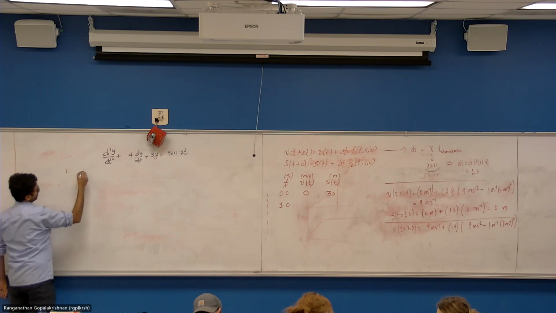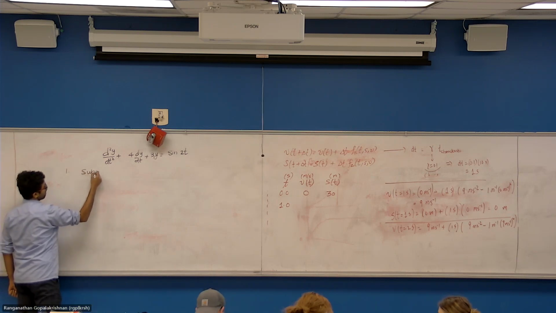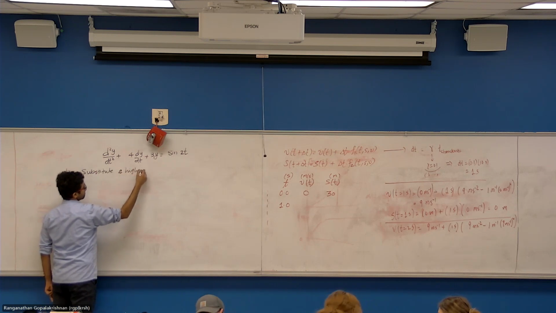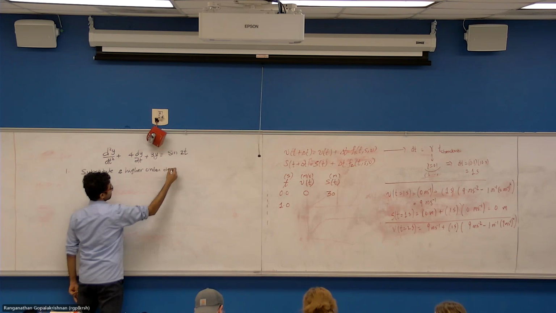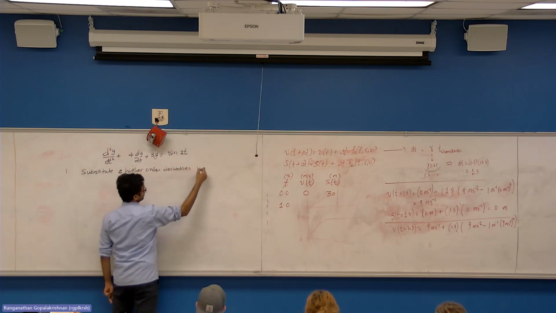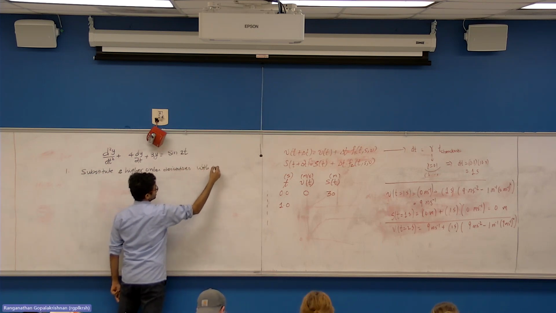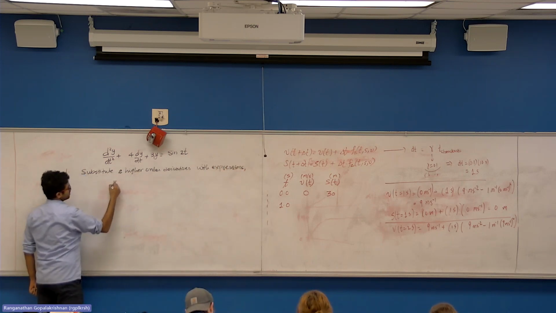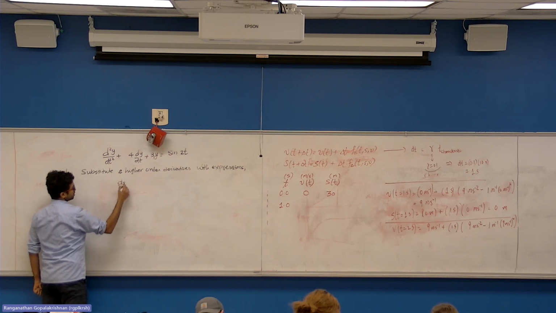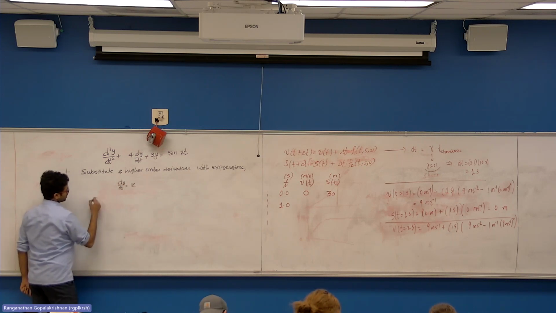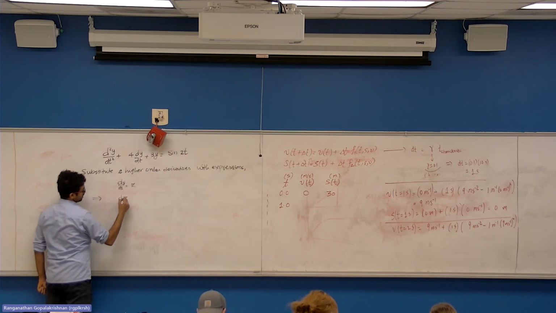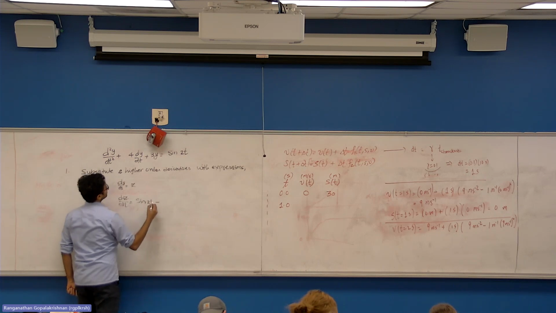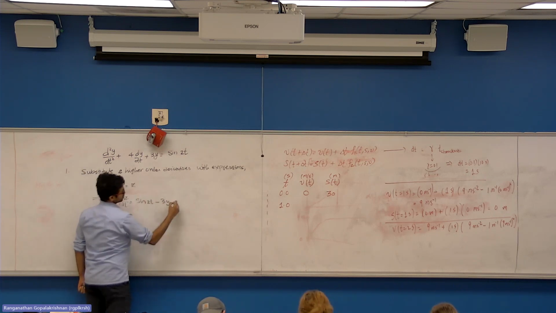Step 1: substitute higher order derivatives with expressions such as, let's say, dy by dt equal to z, which implies the first equation becomes dz over dt equal to sine 2t minus 3y minus 4z.